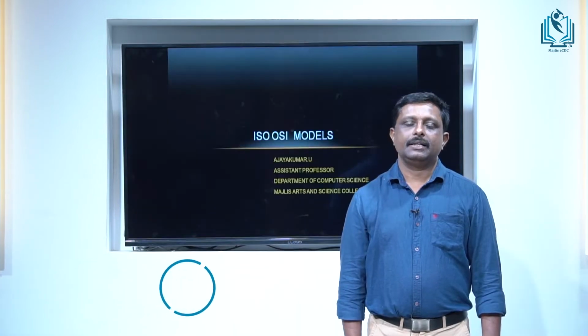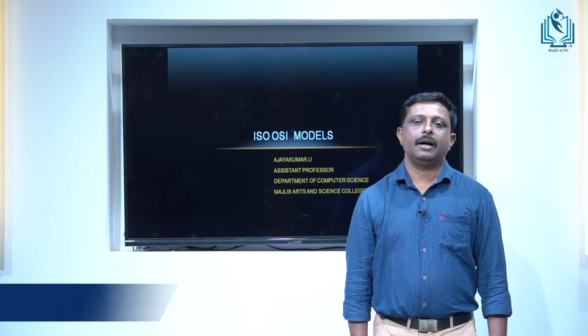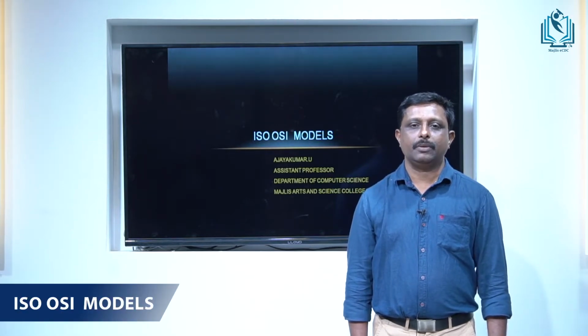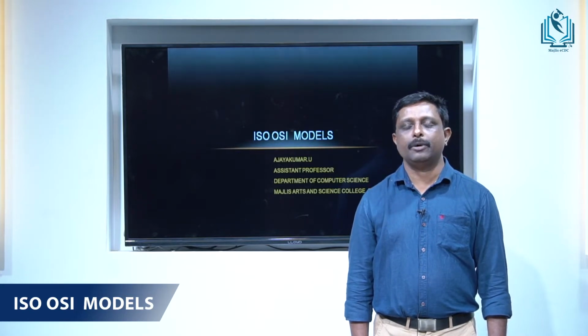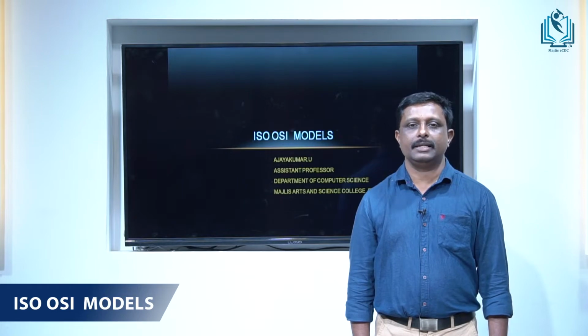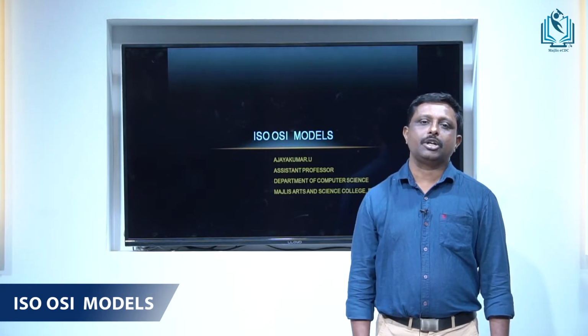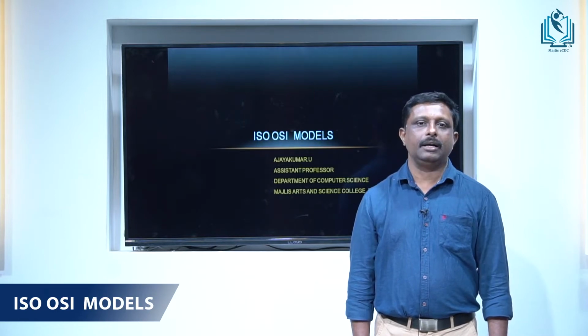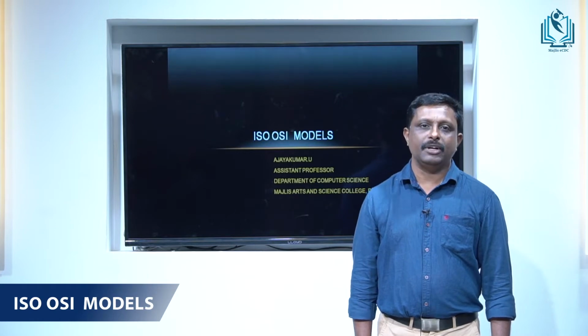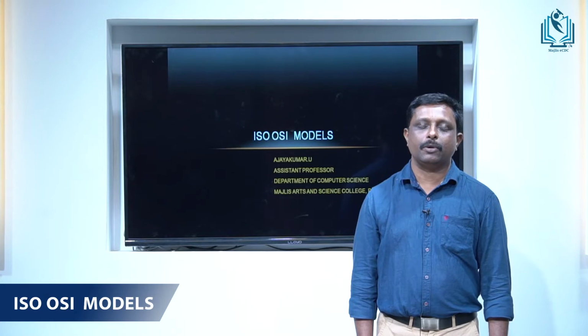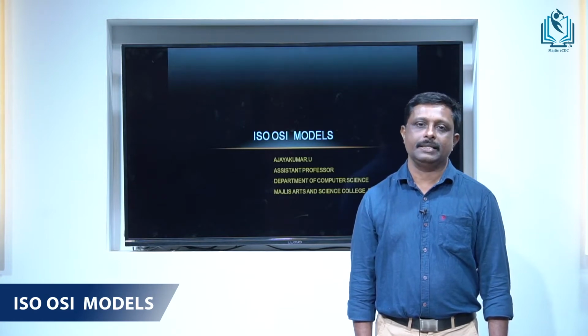In this session, I am going to explain the ISO OSI model, which is a part of the network course of the BSc Computer Science and BCA program of the University of Calicut. Through this session, I am going to explain the architecture of the ISO OSI model, the different layers of the ISO OSI model, the different features and working of the different layers, and the different protocols used in these layers.